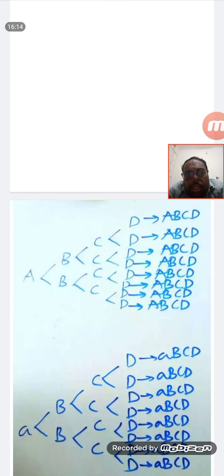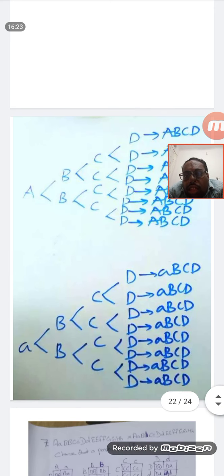That will be one gamete. And small a can combine with B, C, D, so it can give small a B C D. Like that, the 2 gametes can be formed.